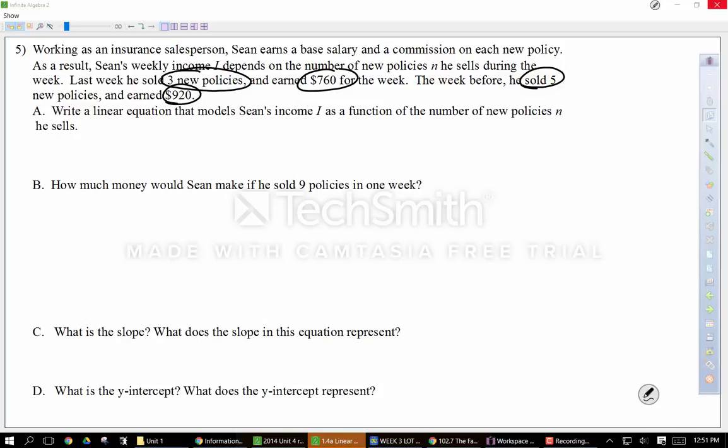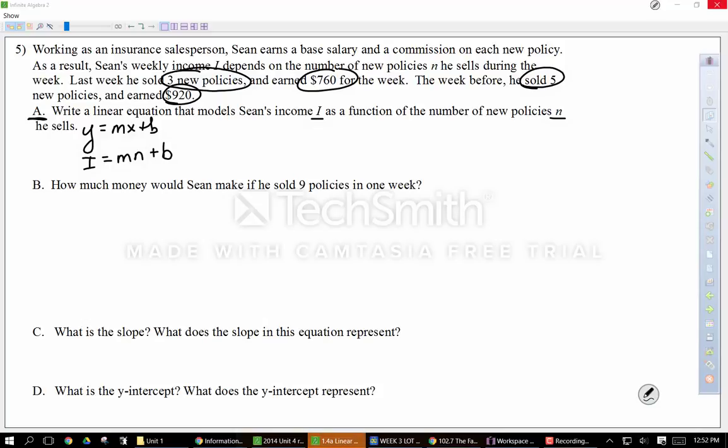Well, remember our equation is y equals mx plus b. I do not have the m yet, and I definitely don't have the b if I don't have the m. So what do I have to do? Well, part A tells me income I is a function of the number of new policies n. So that tells me that I is my y value and n is my x value.